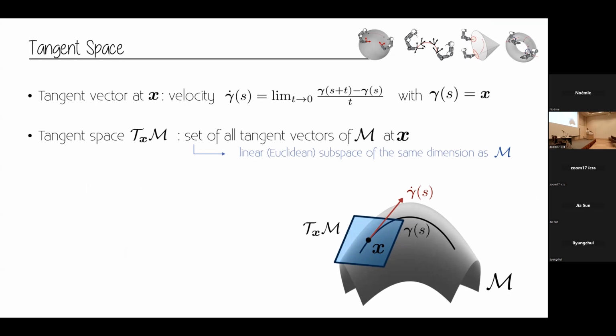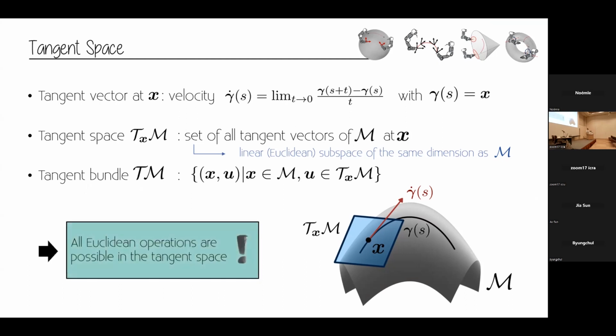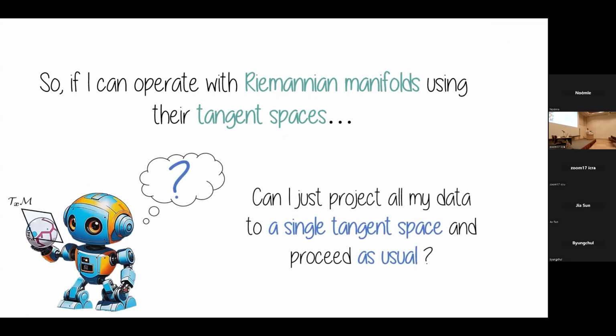The collection of all these tangent spaces forms what is known as the tangent bundle. And therefore, the key idea here for many of the applications that we see out there is the fact that all the Euclidean operations are possible in the tangent space. So with this in mind, the question is: we have tangent spaces that are actually Euclidean.